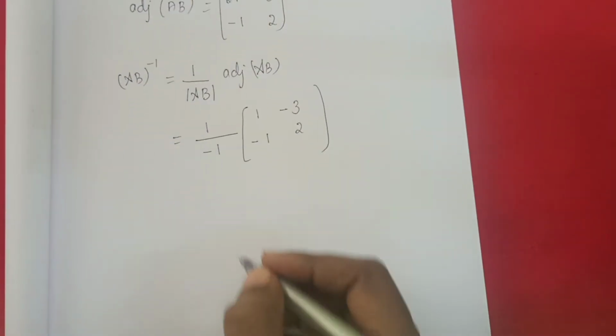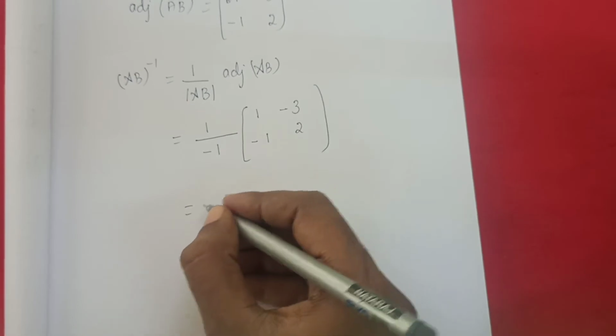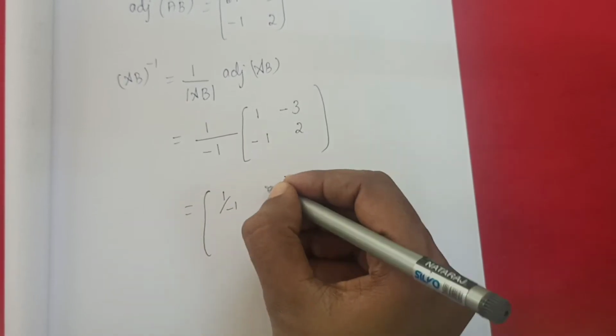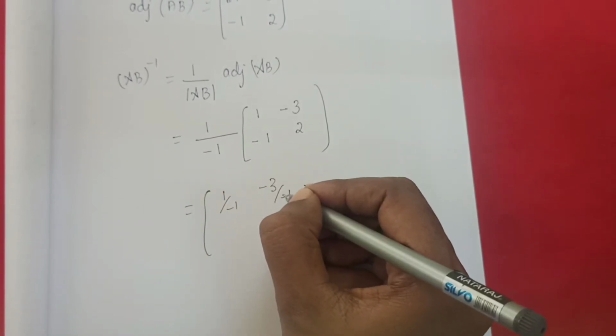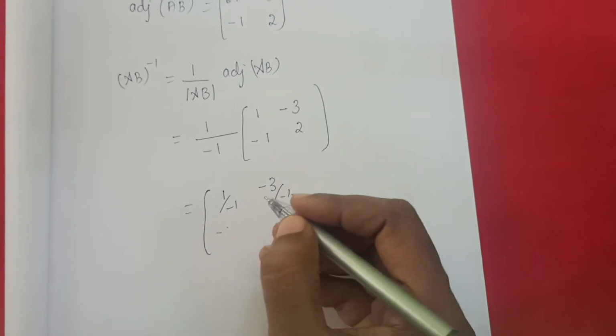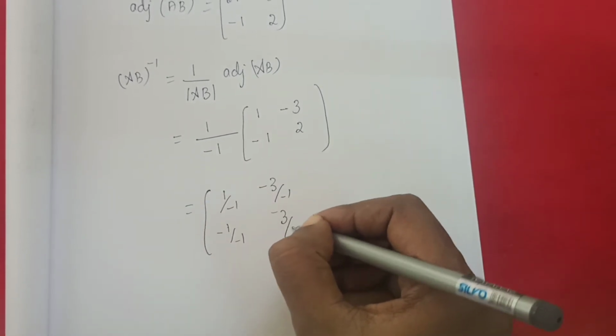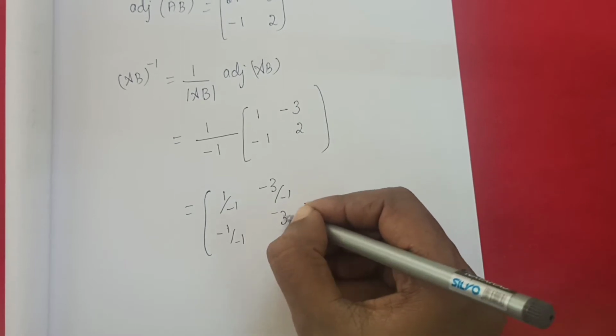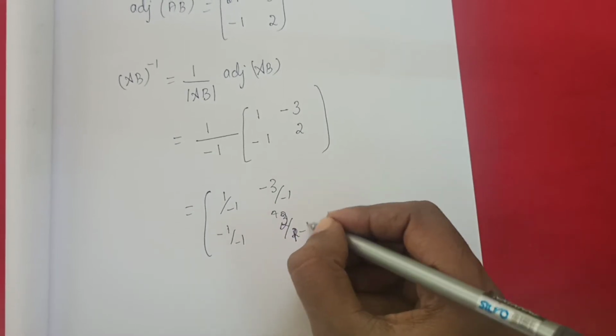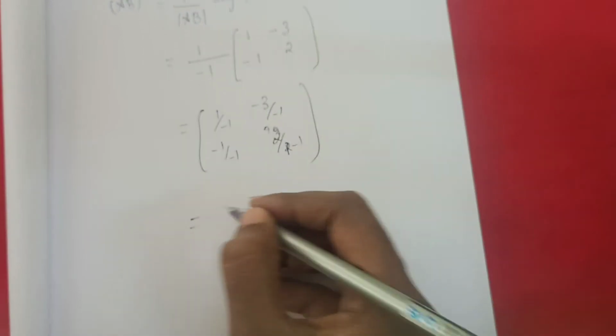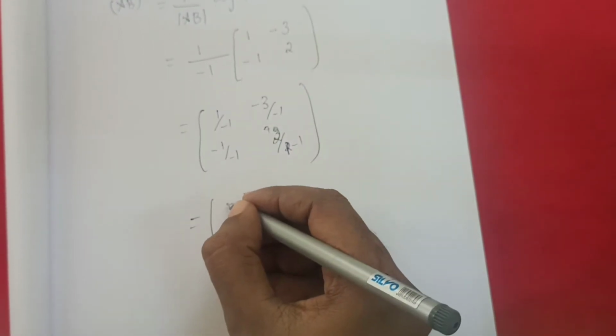Now divide each element by minus 1: 1 divided by minus 1, minus 3 divided by minus 1, minus 1 divided by minus 1, 2 divided by minus 1.